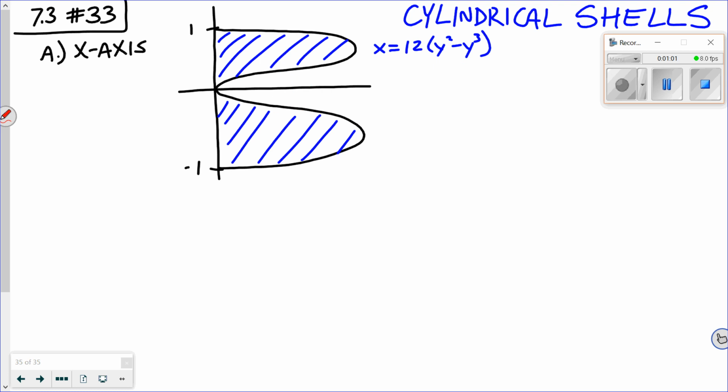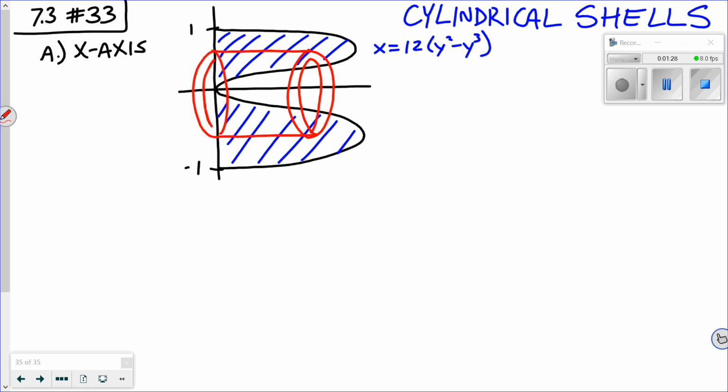For a cylindrical shell, instead of creating a washer, we're going to create a cylinder within this shape as we were rotating it around. So here's my cylinder, if you're following me here.